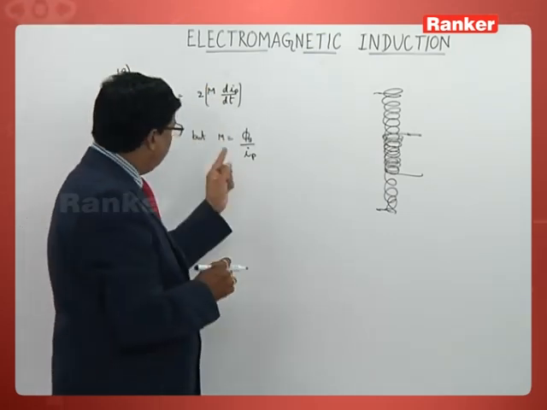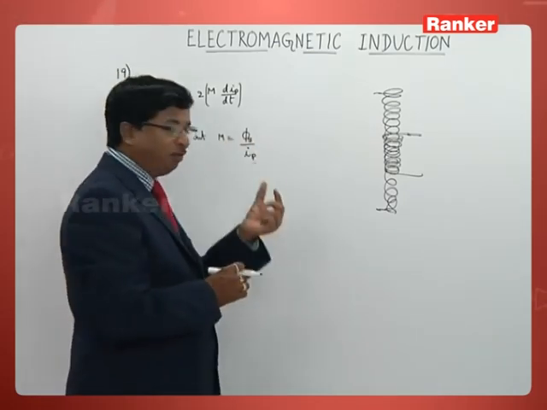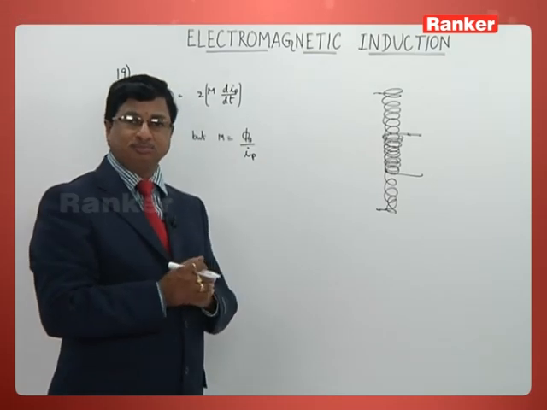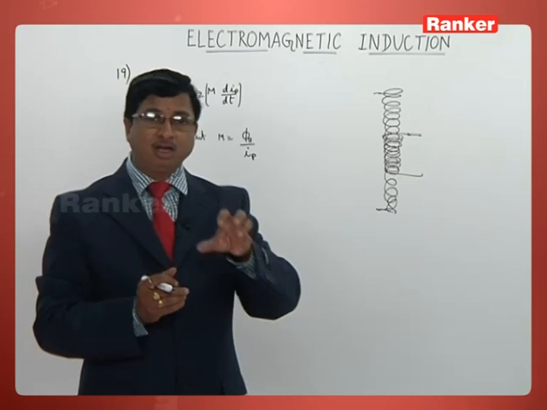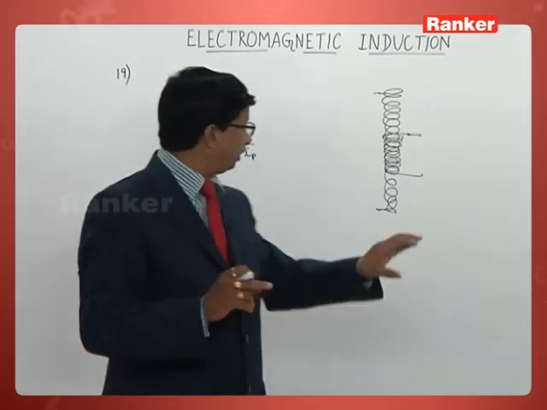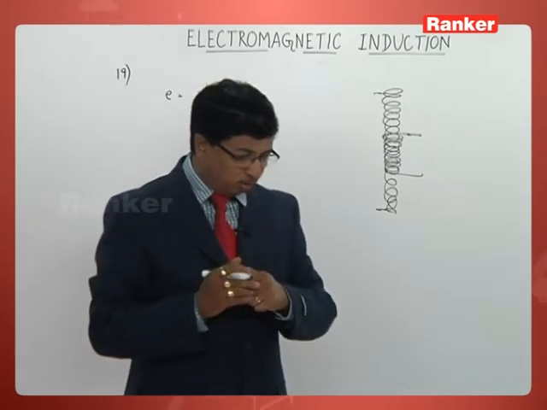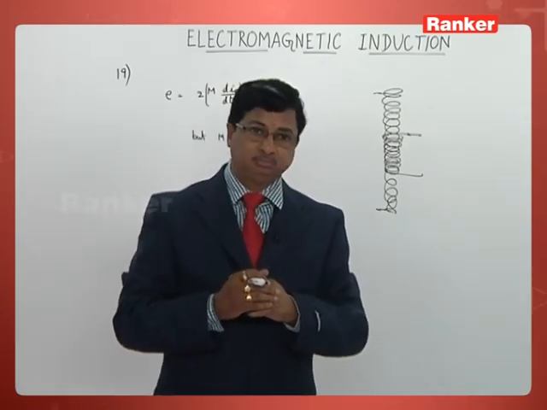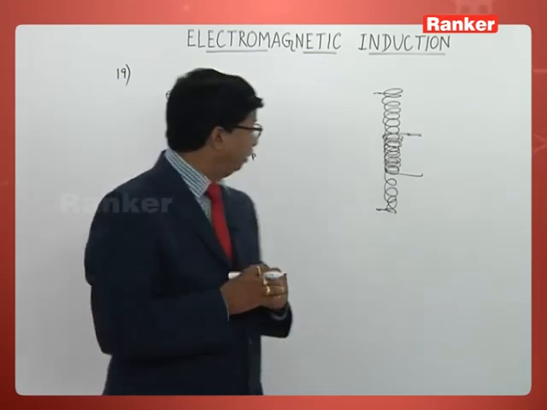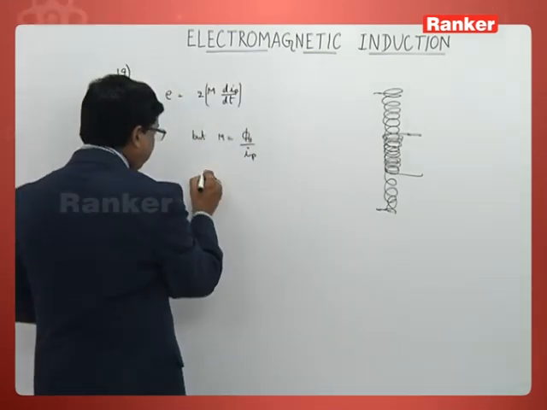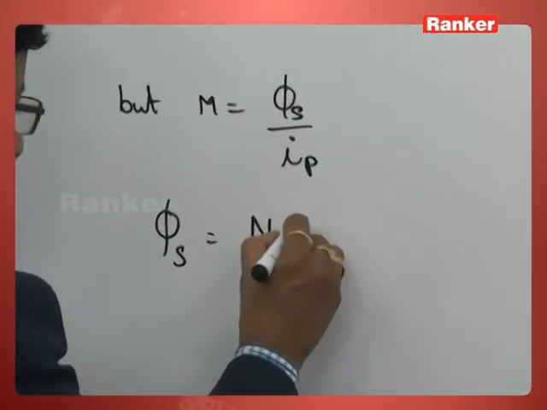Fine. What next do we want? What is the value of phi secondary? We need to know what is that magnetic flux across the secondary coil which has been wound right in the middle over there. So what we can write? Phi secondary is equal to NBA.